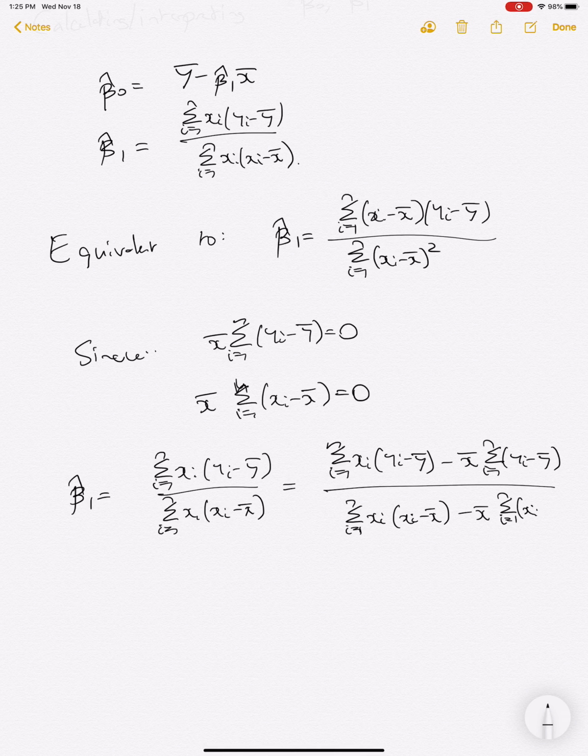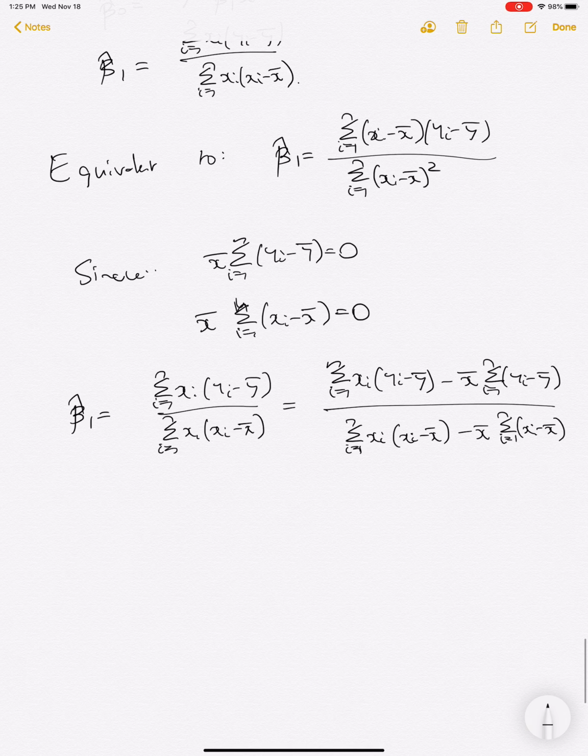So all I've done here is add and subtract 0 in the numerator and the denominator, and that gives you exactly the expressions that we have here.